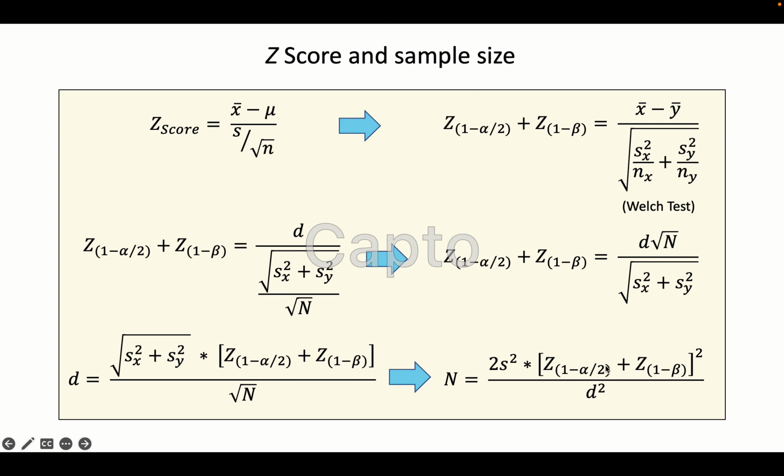So you need to add the 1.96 plus 0.8416 and then square this, and then once you get this number, you need to multiply by the square of the standard deviation, and then multiply by 2, and then divide this by the square of the effect size, right? So this is what we mean by z-score for 1 minus alpha over 2 and z-score for 1 minus beta.